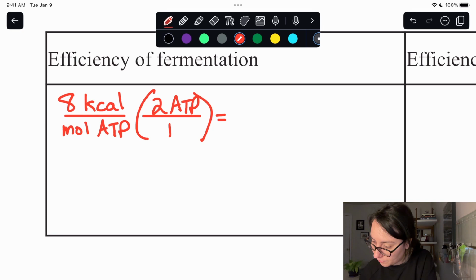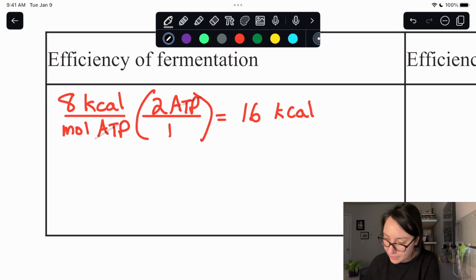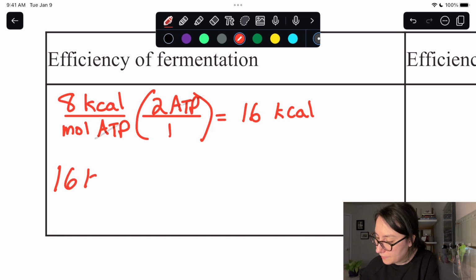And that's going to give you your 16 calories. And if you're wondering how I got that, it's because the ATP cancels out. Down here, you're going to take that 16 calories.